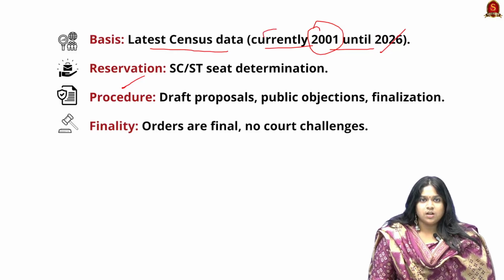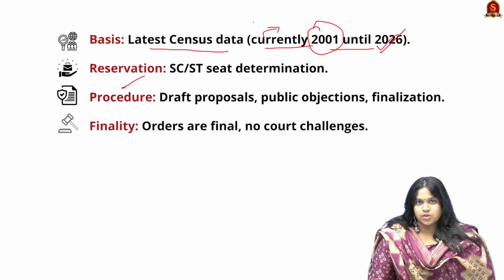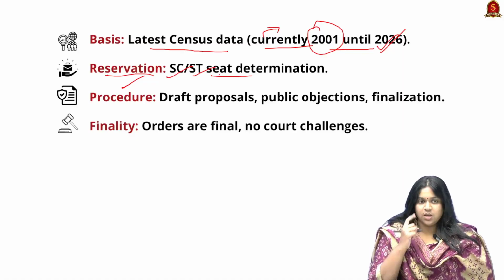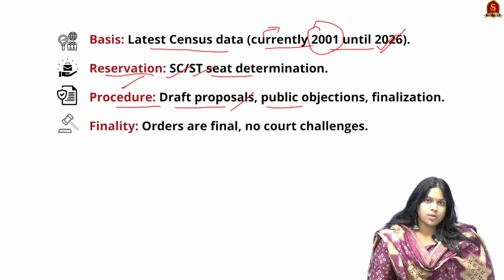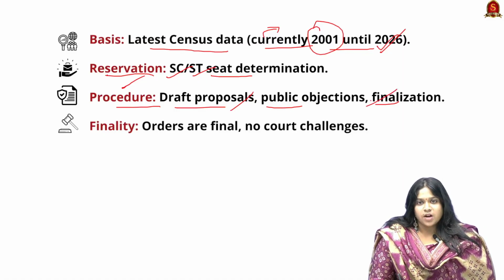Now Tamil Nadu has been opposing freezing the delimitation again for the next 30 years. It also covers the reservation of SC and ST seat determination in the elections. The procedures include drafting a proposal, having public objections, and finalization, with no court challenges as the orders are final.